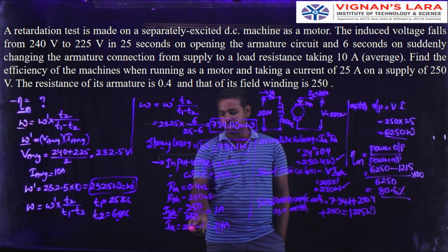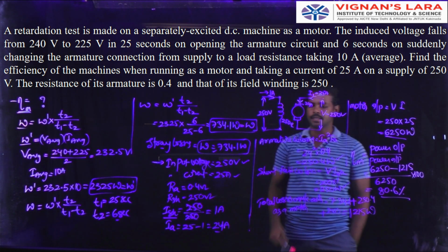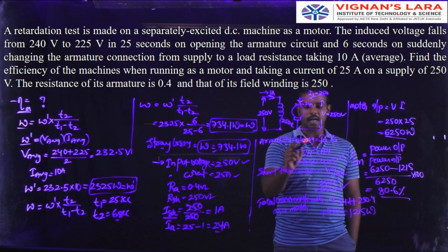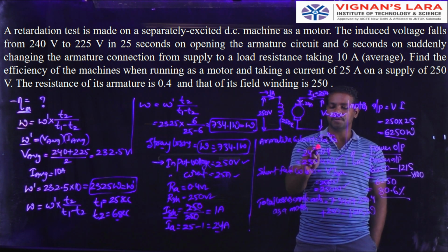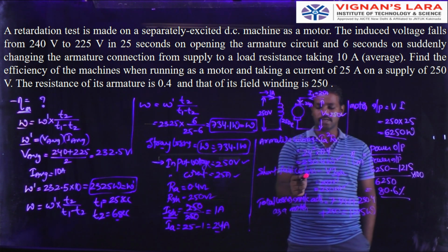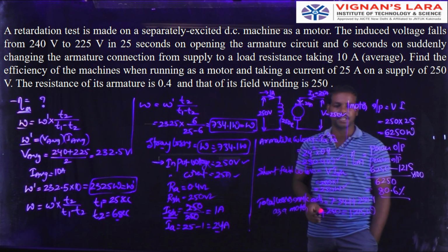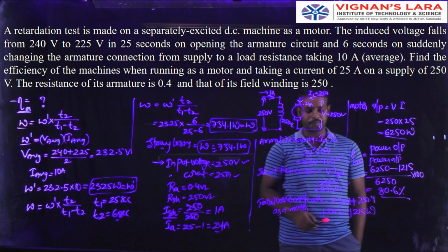Armature current is equal to 25 minus 1, which is 24 amperes. So the armature copper losses IA square into RA, 24 square into 0.4, is equal to 230.4 watts. Shunt field losses are V into ISH, 250 into 1, is equal to 250 watts.